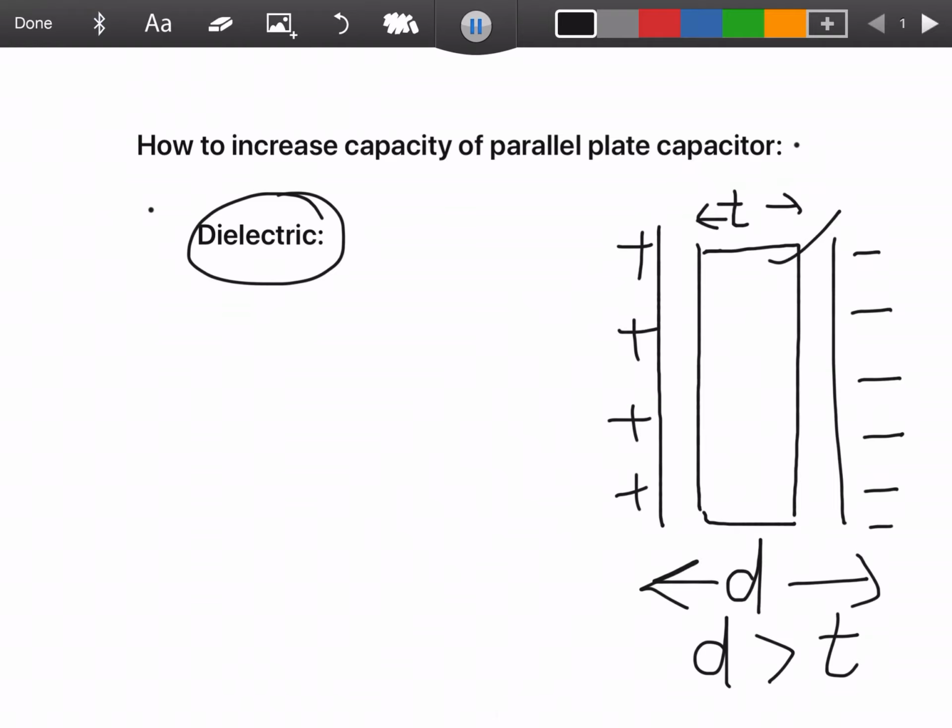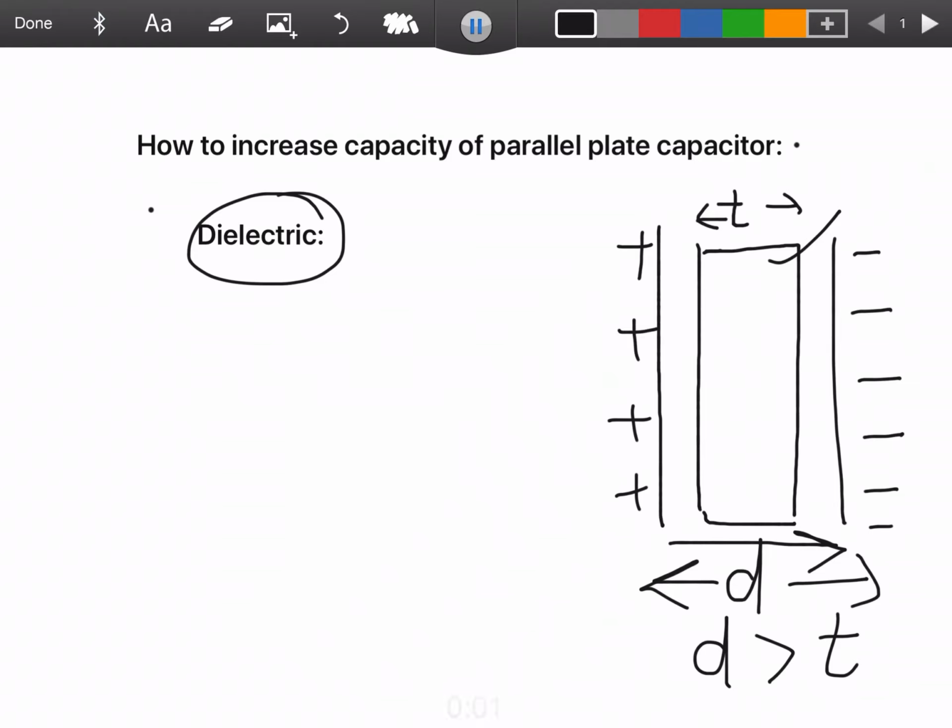Now we know the electric field between two plates of parallel plate capacitor is from positive plate to negative plate. So electric field will be from positive plate to negative plate.